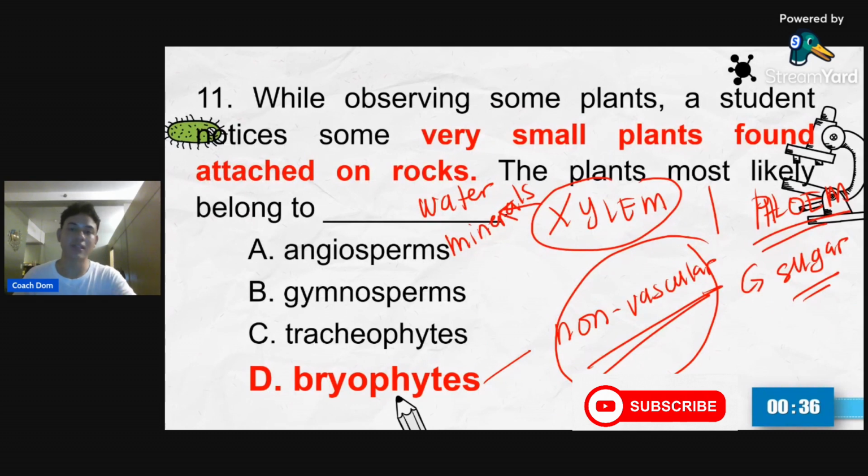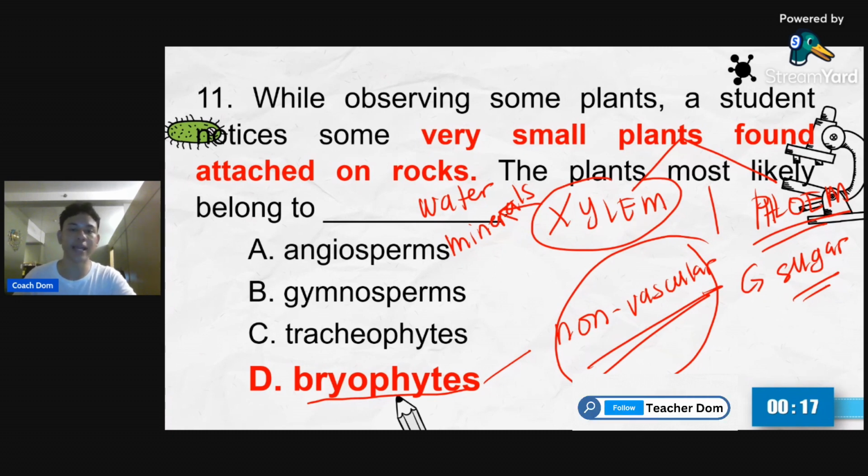Kasi sa plants, they undergo a process of photosynthesis. This too is a vascular system. Pero dito sa bryophytes, known as non-vascular, meaning wala po silang xylem and phloem.